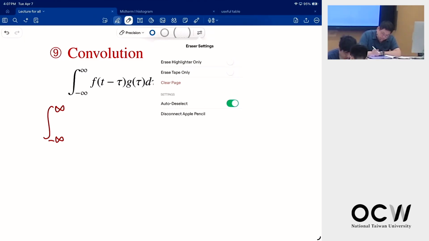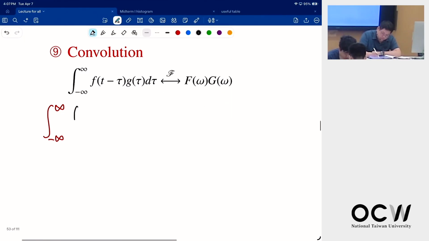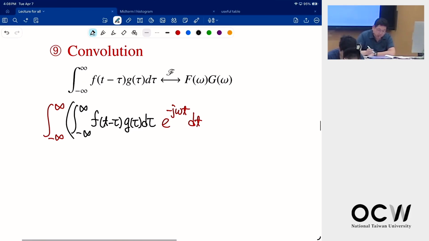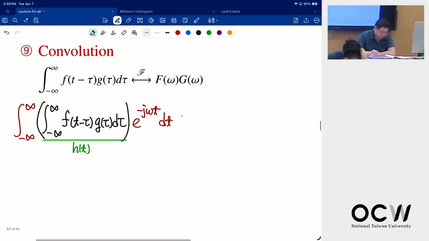So this is my function, and I take the Fourier transform. You can just think of this as a function, say h. Now we have the double integration.